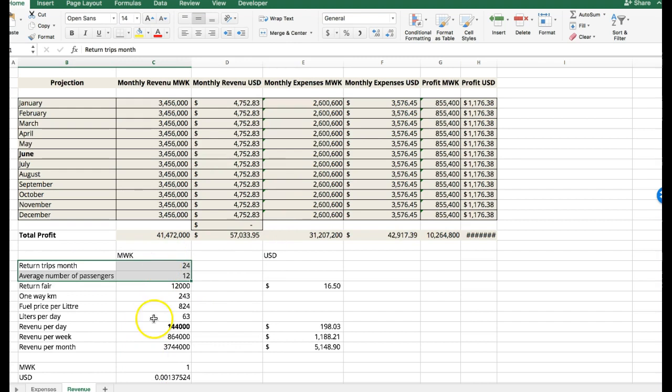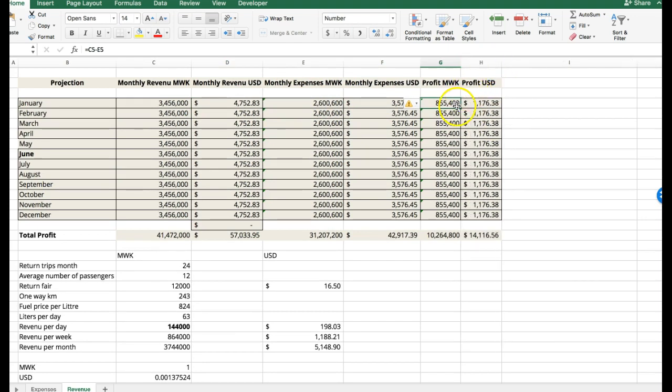Here we have some standard numbers that we've come up with based on the sales. And when we see our monthly revenue is about 3.5 million, which is around 5,000 US, and the monthly expenses are around this. So that means there's profit coming into the business. That means this business will work.